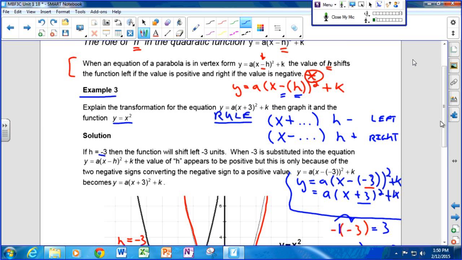Basically the rule is that if you see a negative sign, x minus something, you know that h is positive, and the parabola shifts by 8 units to the right. If you see a positive sign, you know that h is negative, and the parabola shifts by 8 units to the left.